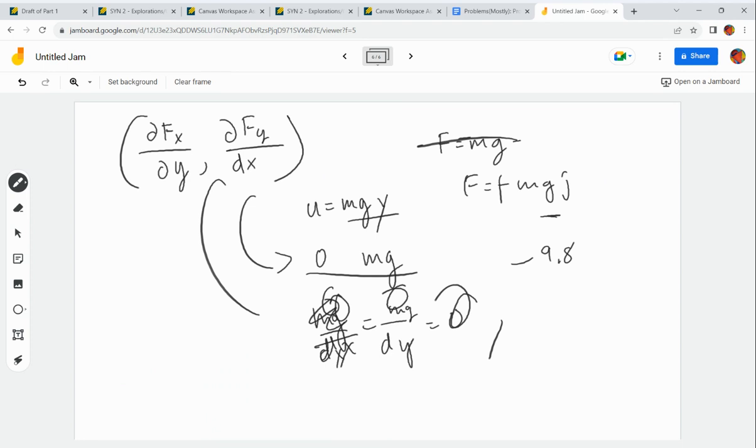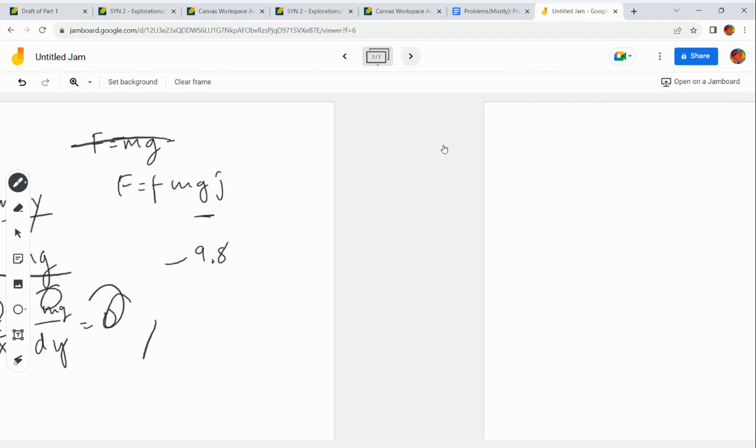Another thing to consider is if you're doing the big expression with big G M N divided by r squared, you can see that's x over there, and again the derivative is 0 and then 0 again, so it's just 0, which is why it's worthless. That is conservative.